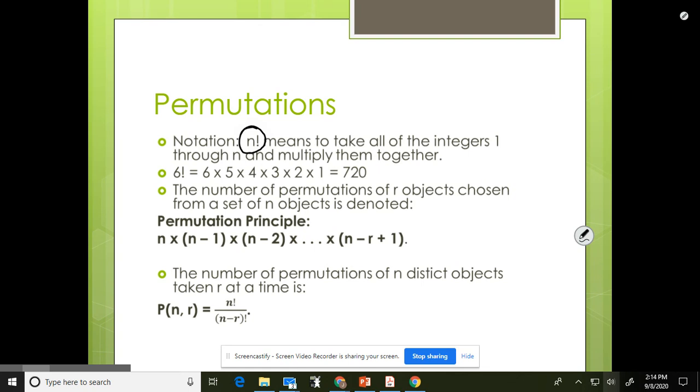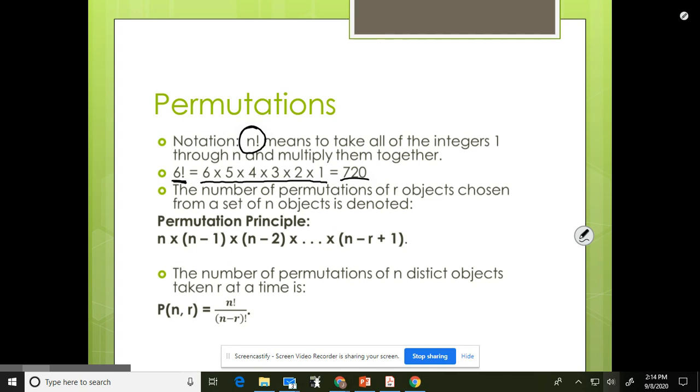Basically, this factorial means if I have 6 factorial, I'm multiplying all the integers from that number all the way down to 1. So 6 times 5 times 4 times 3 times 2 times 1. So 6 factorial would be 720. That's going to play a role in permutations and also in the next section, combinations, and then some other things down the road.